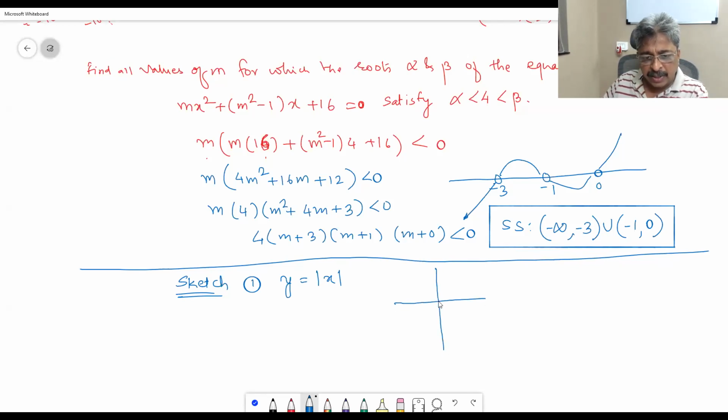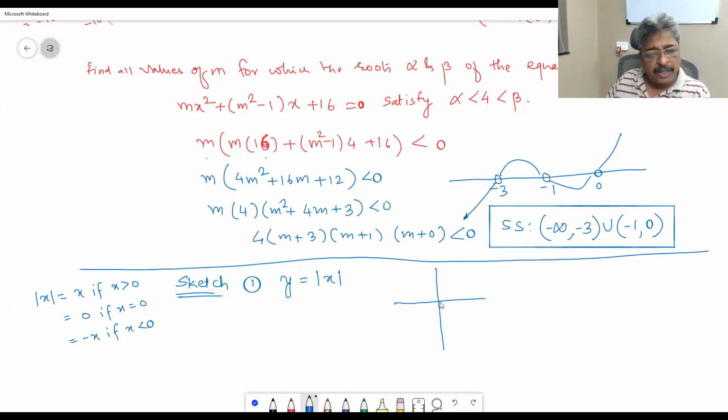X-axis, y-axis. Definition: what is the definition of mod x? Mod x is equal to x if x is greater than 0, is equal to 0 if x is equal to 0, is equal to opposite of x if x is less than 0.